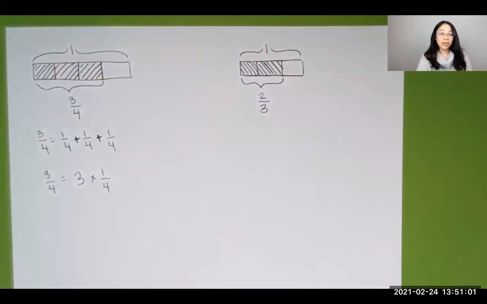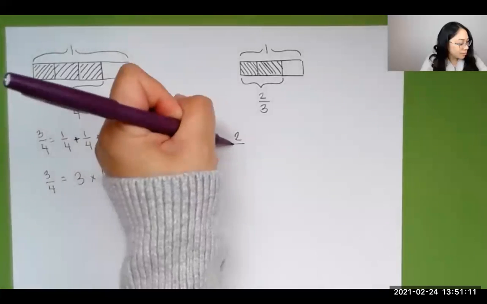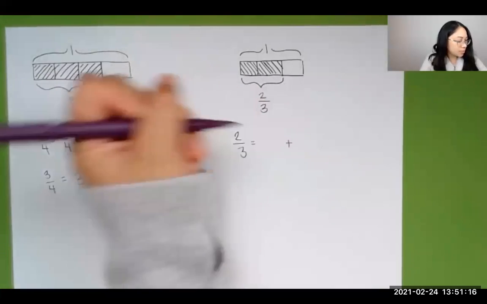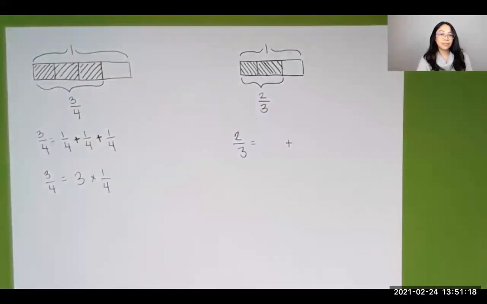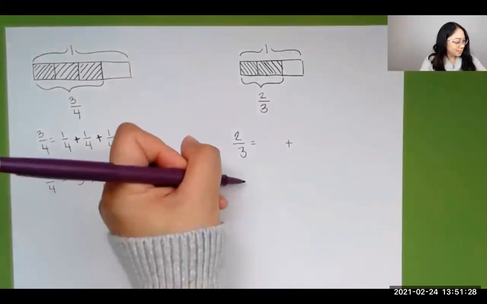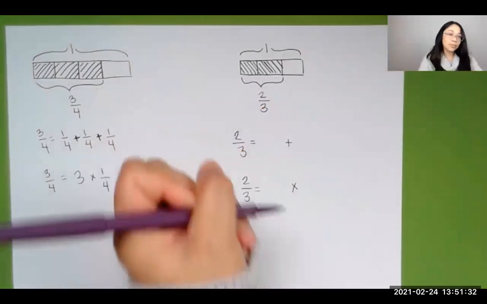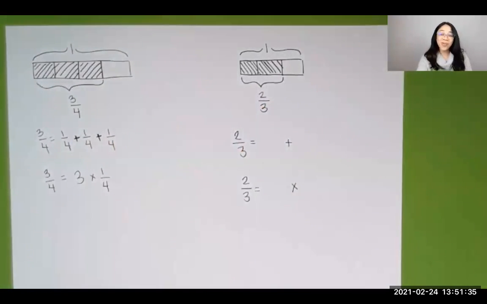I'd like you to pause the video here and write a number sentence that decomposes 2/3 as a sum of unit fractions. Then, below that number sentence, write a multiplication sentence to go alongside our diagram. I'll be here when you get back.